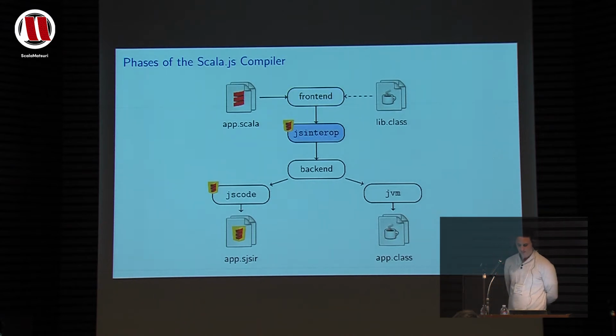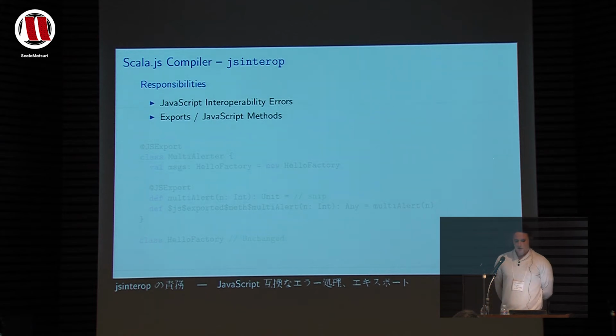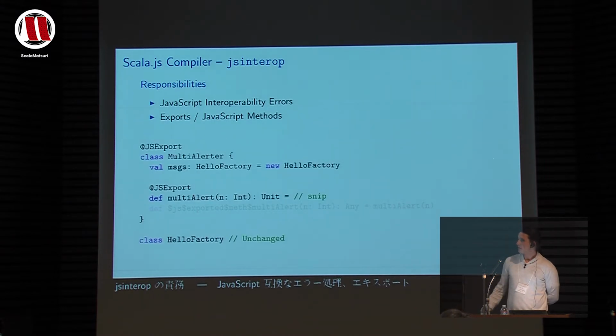Okay. So JS interop, what happens there? One thing, we detect interoperability errors. So if you do some funky stuff on facade types, if that means anything to you, we will catch it there and tell you, hey, you can't do that. There's no errors in this code, so we won't really see anything there. But we also handle exports. This method here, I said is exported, so essentially means you can call it from JavaScript.